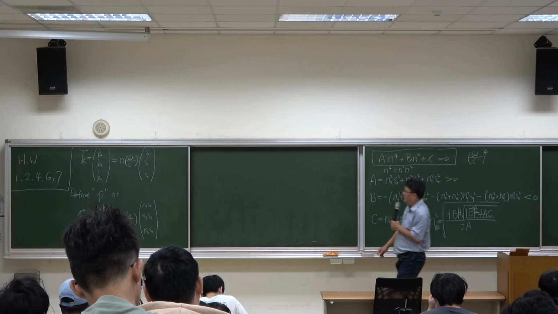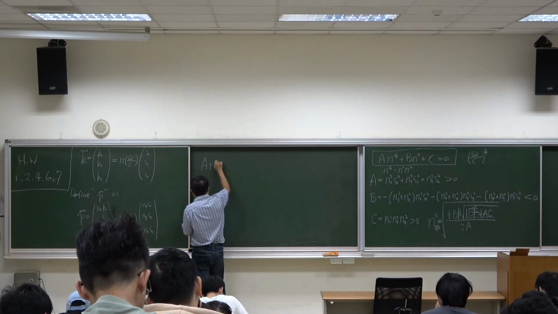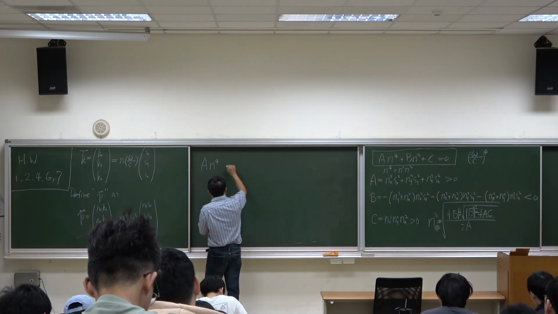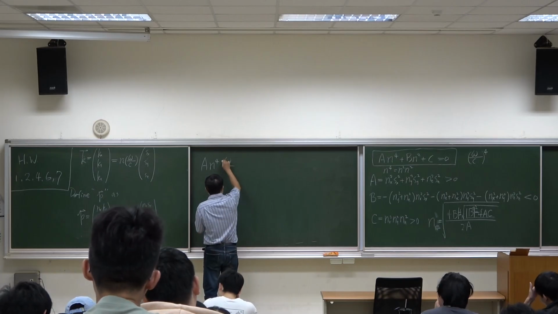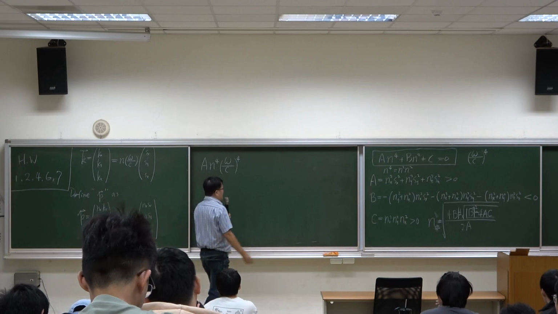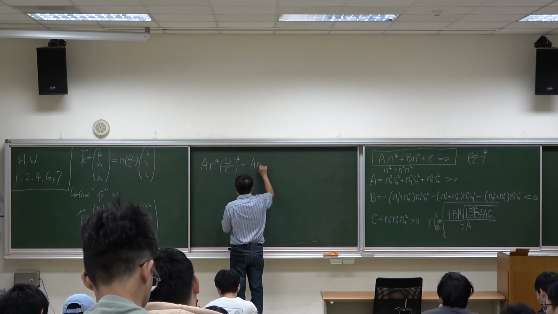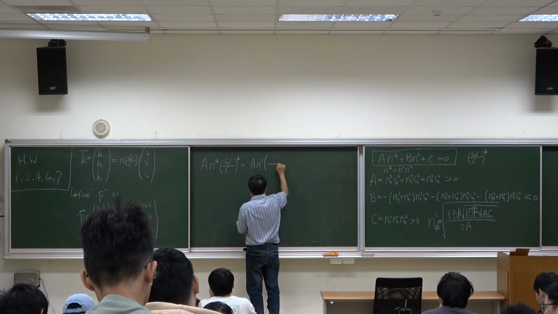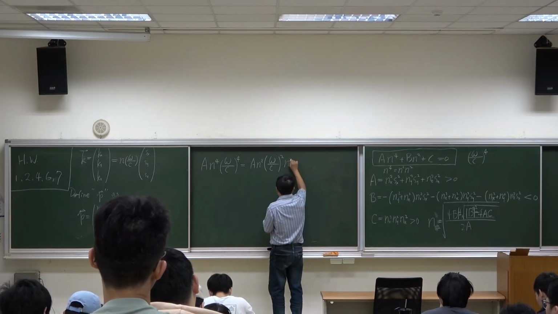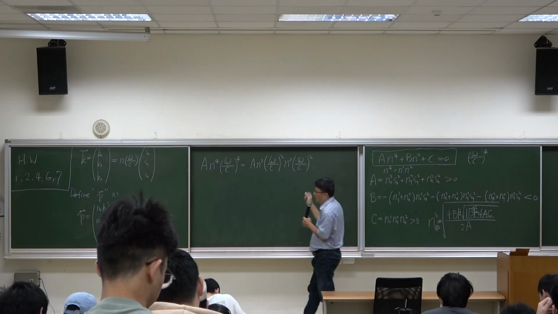So the first term, a n to the fourth power times this, is equal to a n squared times omega over c squared times n squared omega over c squared. Okay.